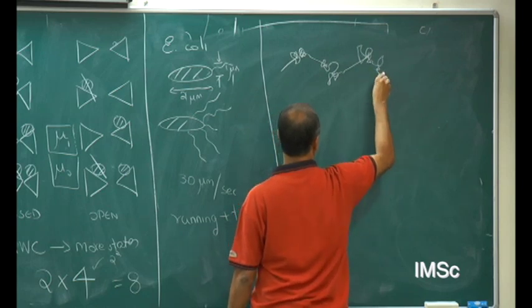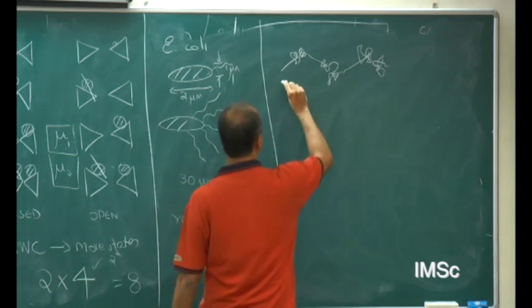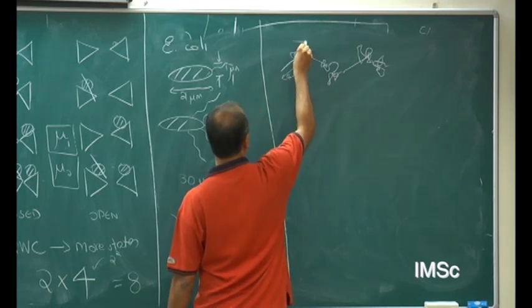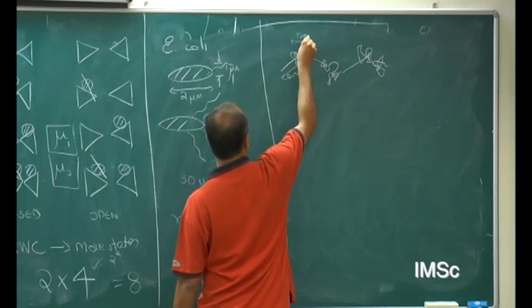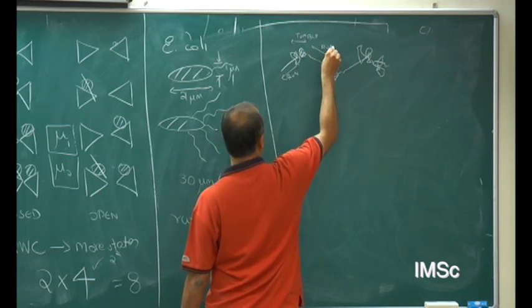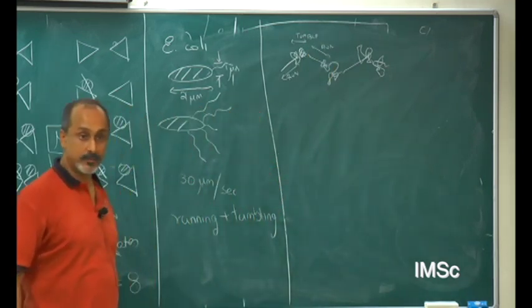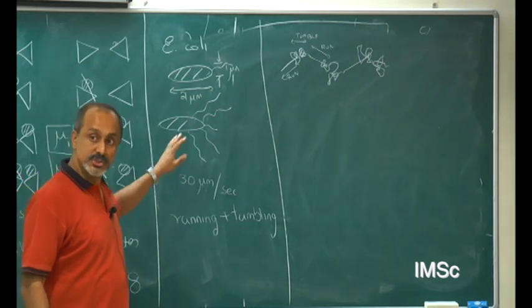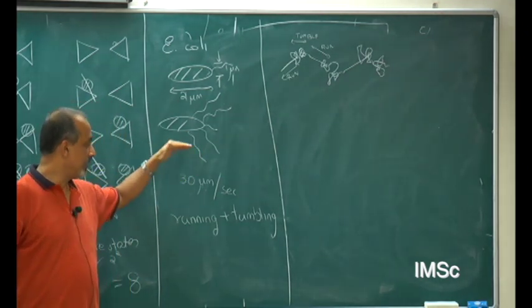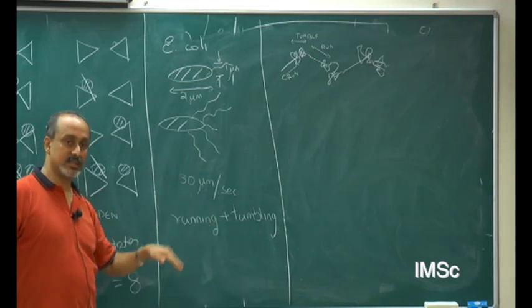And maybe it would move here and then do something like that. So this would be a run, this would be a tumble, this would be another run, this would be a tumble, and so on. So the motion of E. coli induced by the motion of its flagella is a combination of running and tumbling.